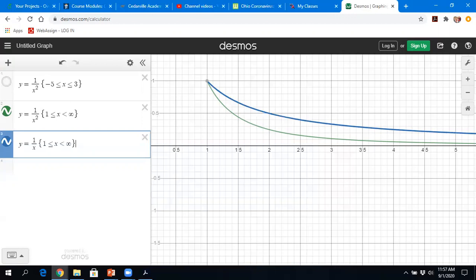But 1 over x to the first, we just showed that diverges to infinity. If I went 1 over x to the 0.99, that's going to be even worse because it's going to go down even slower. Does that make sense? And it's going to accumulate area too fast. But the threshold is 1. So anything above 1 will converge, and anything below 1 will diverge.